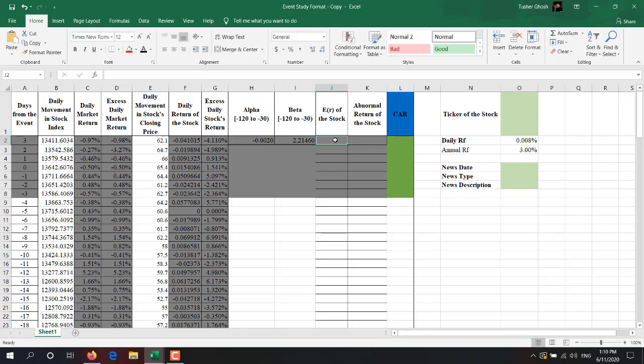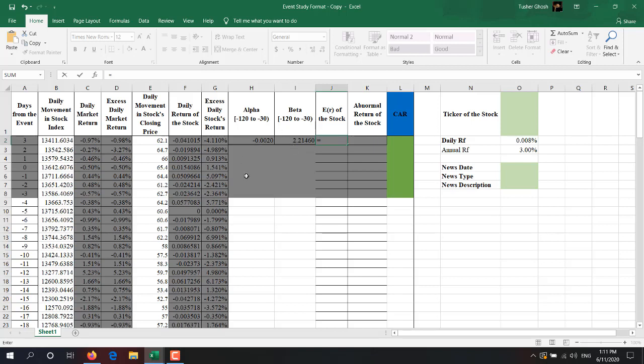So we actually want to find the firm specific factor, so that's why we need the expected return. Here we are predicting what the expected return of the stock should be, provided that the alpha and beta of the stock are these.